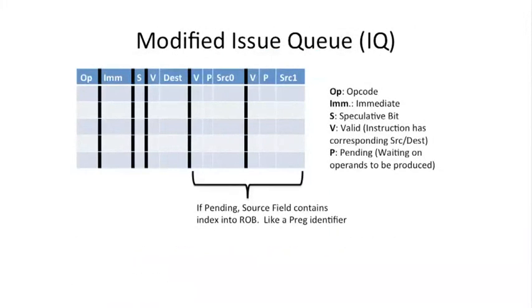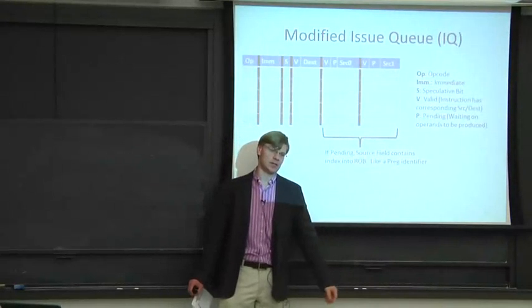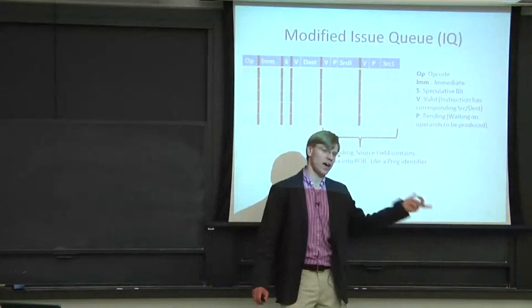OK, so we also modify the instruction queue. This is going to tell us where to go get the values when we're going to go execute. It's also going to store the values now. What's interesting about this is if you go back and look at the Tomasulo algorithm paper, they broadcast commits that are happening. And those commits end up in the reservation station of the actual value.